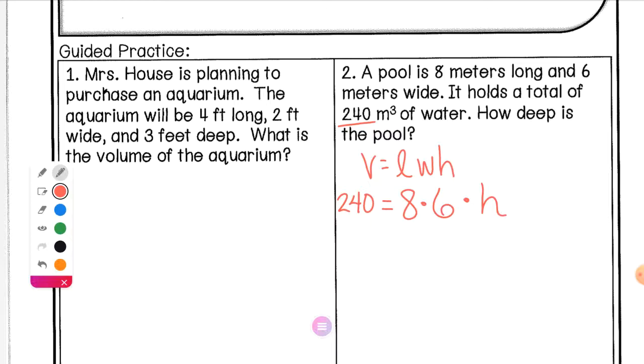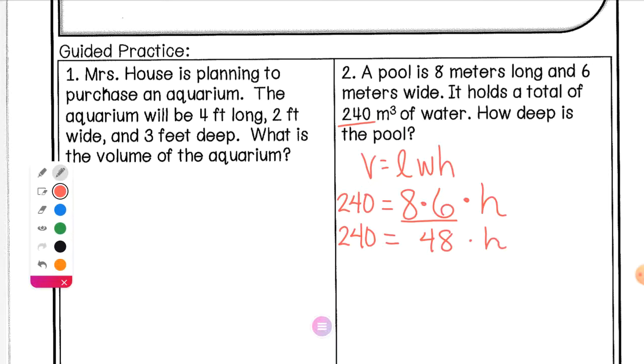So could you put an X? You could put an X. Same thing. Start like we did before, except now we need this. Copy down the 240. What is 6 times 8? 48. 48 times h.